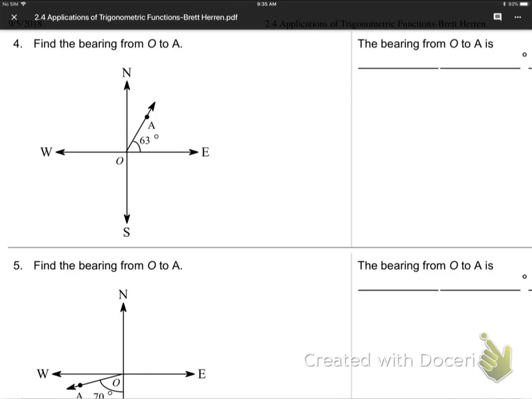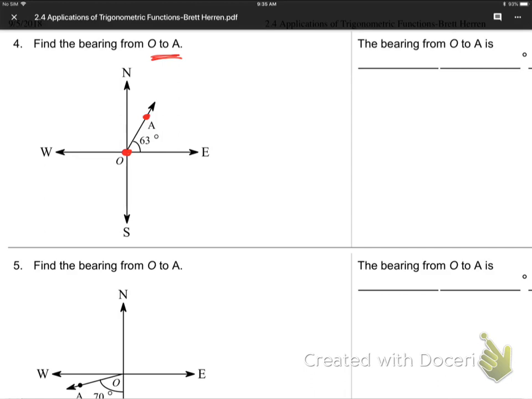So, the language they use. A bearing from O to A. This is how they talk in navigation talk. So say you're at point O, and you're headed to point A, and you can tell we're doing that 63-degree angle thing. How do you say that in navigation talk?